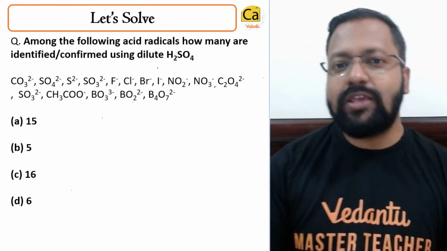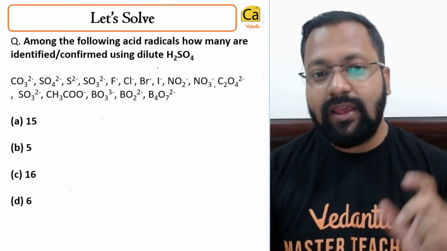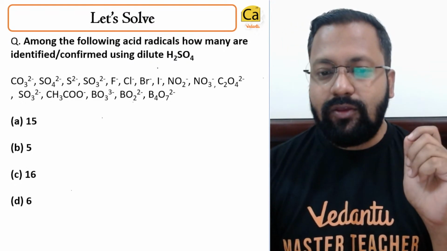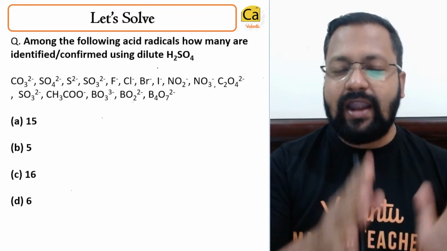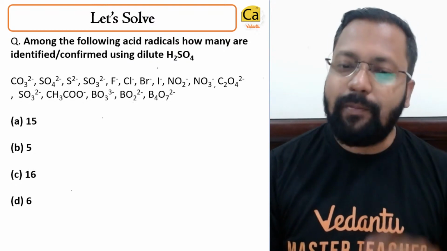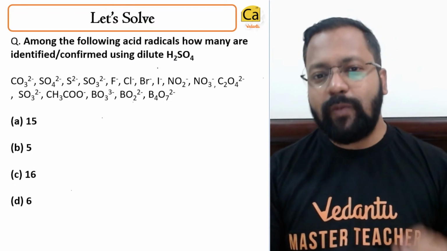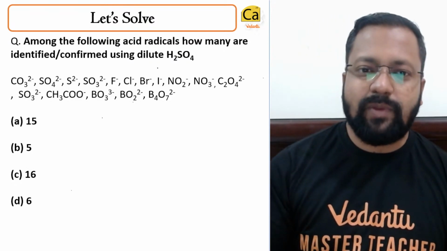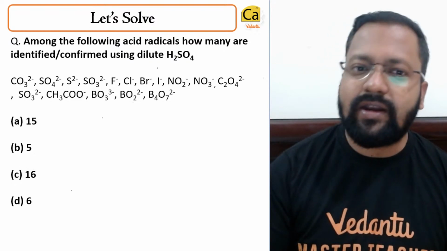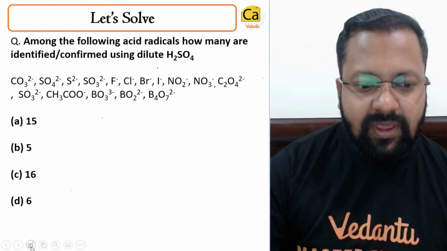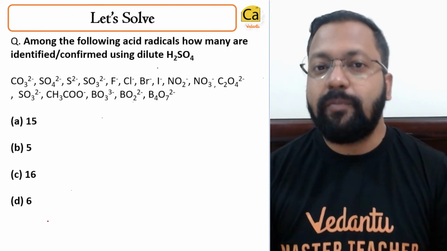This question is from our discussion of acid radicals using the idea of which radical is present in which group. और हमने आपको बताया भी था कि कौन सा radical किस group में रहता है. There are so many radicals, but some radicals are present in the dilute acid group, some in the concentrated acid group, and we need to identify where these radicals are present.